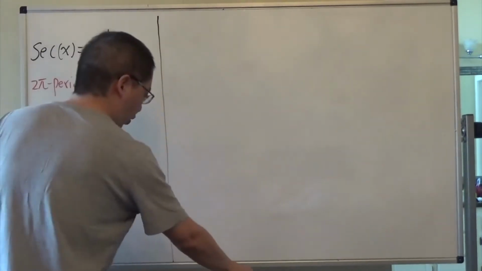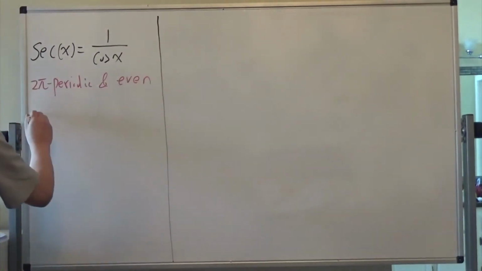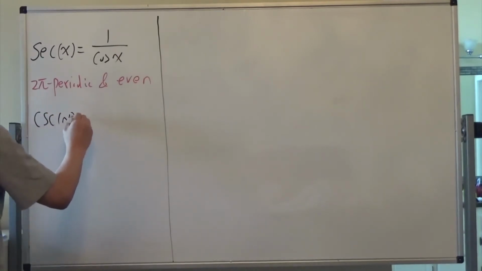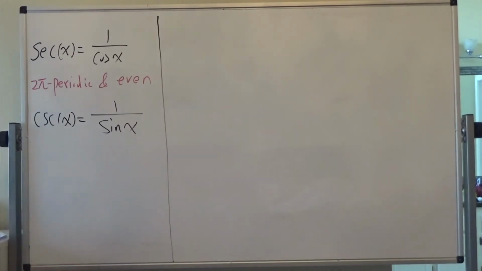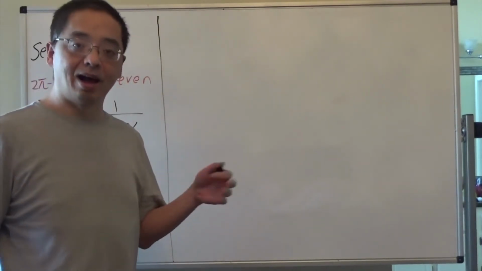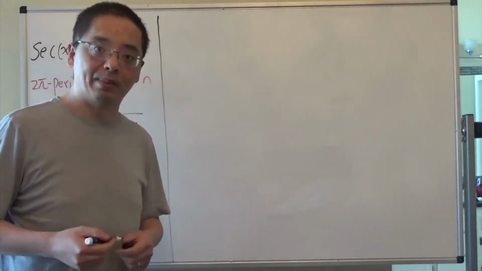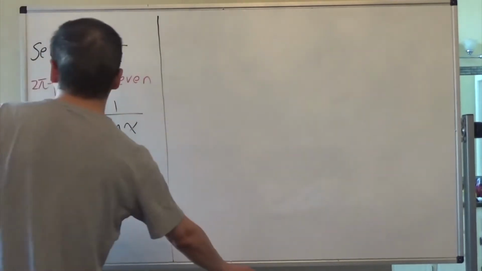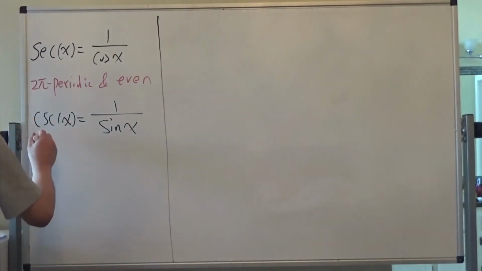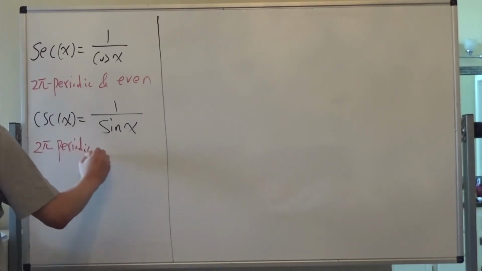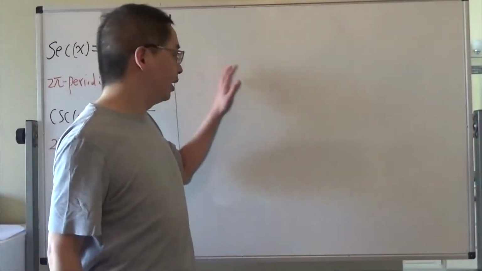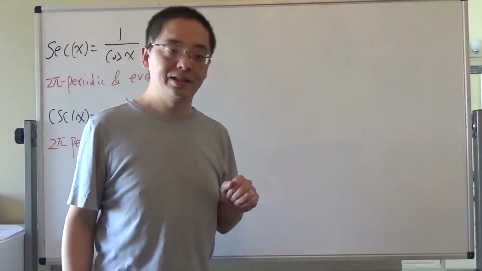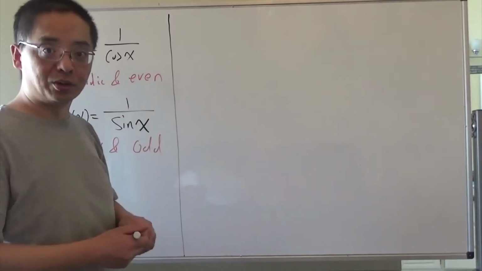The other one is called cosecant. Cosecant x is defined as the reciprocal of sine x, 1 over sine x. Since sine x is an odd function and also 2 pi periodic, this cosecant function is also 2 pi periodic and is an odd function.